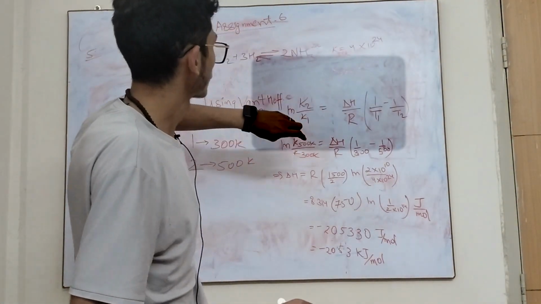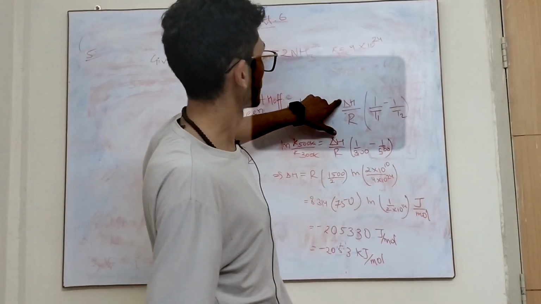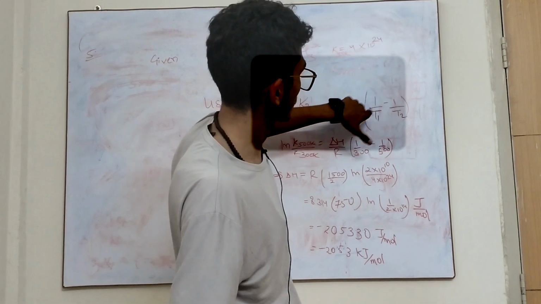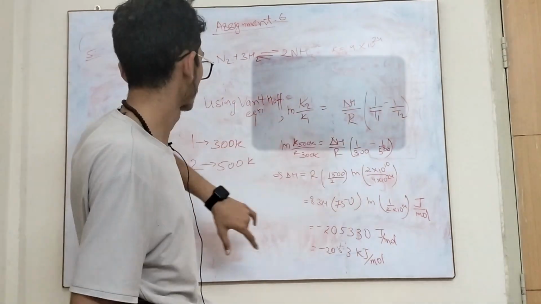So the natural logarithm is equal to delta H by R, the gas constant, into 1 by T1, here T1 is 300, minus 1 by T2, 500.